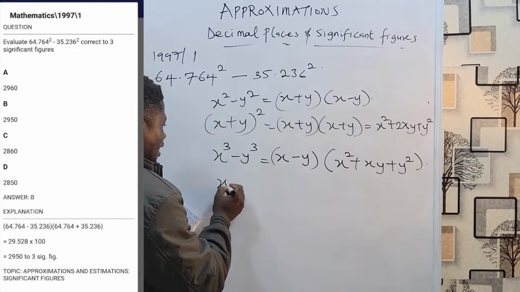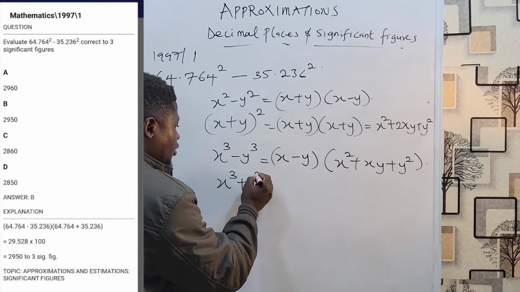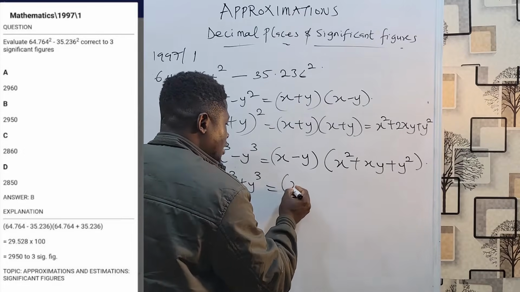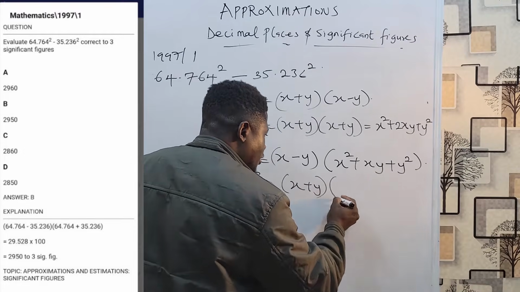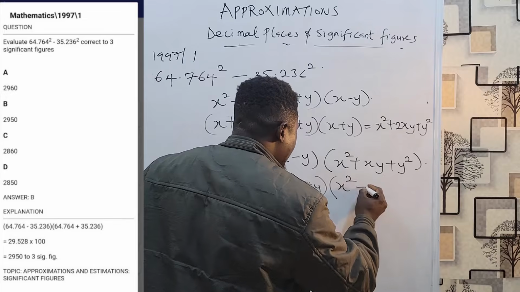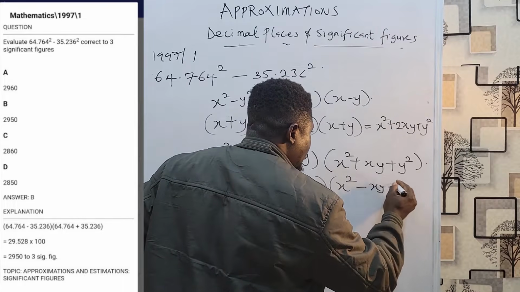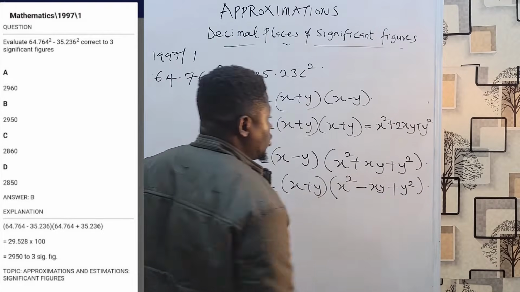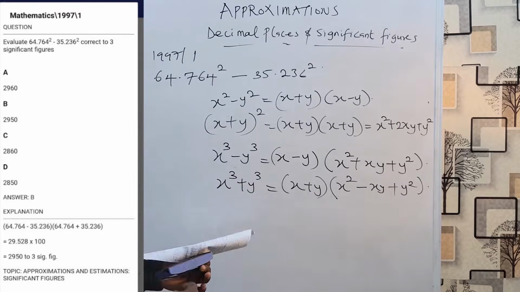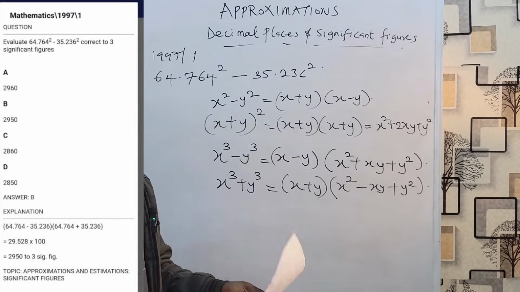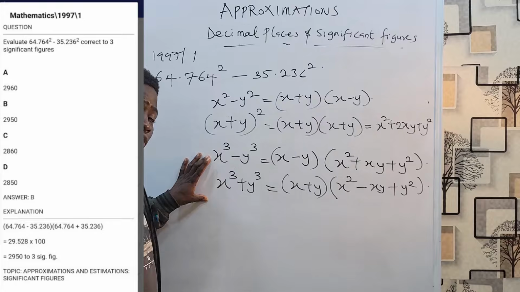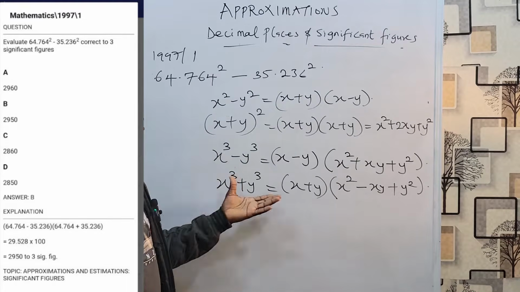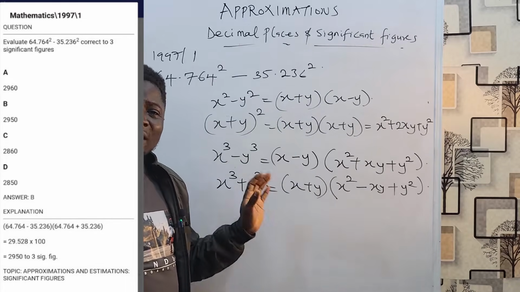Then if you have x cubed plus y cubed, this will give us x plus y into bracket x squared minus xy plus y squared. You must know this off your head. If you look at these 4 scenarios, the difference of 2 squares and the difference of 2 cubes, you must know them. They are not difficult. The sign conventions are very easy to know.